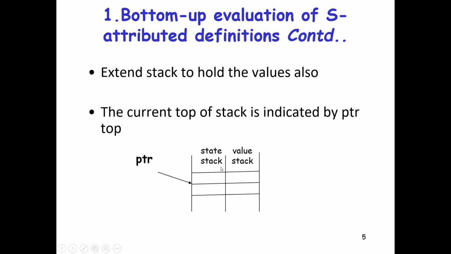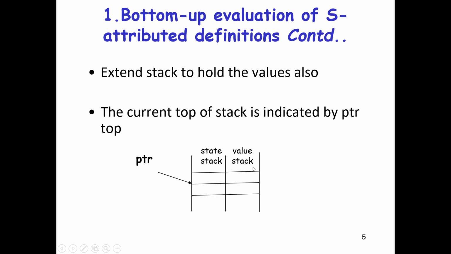Bottom-up parsing uses the shift reduce parsing technique. We have already explained in that module that the stack always handles grammar symbols. When the stack has the handle on the stack top, we reduce it. The same stack is explained here also, but the stack here has two parts: state stack and value stack.